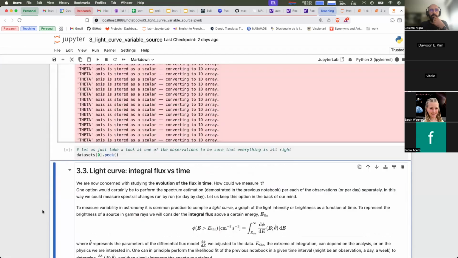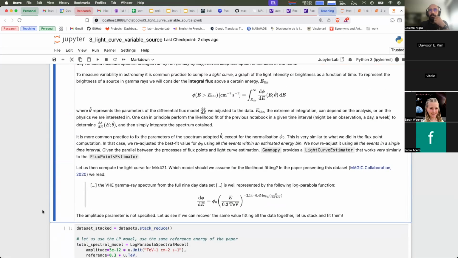Still reducing the data. And basically, we will use a process that is very similar to that of the flux point estimator. Remember when we used the flux point estimator, what Gammapy did under the hood was basically take the differential spectrum and fit it only to given energy bins, okay? So I fit it to the events only that fall within a certain energy bin.